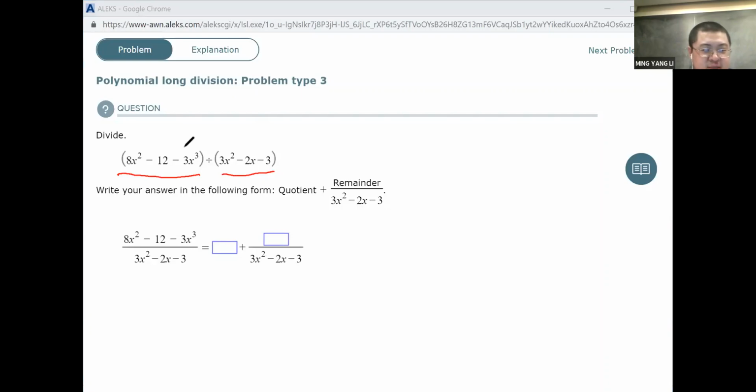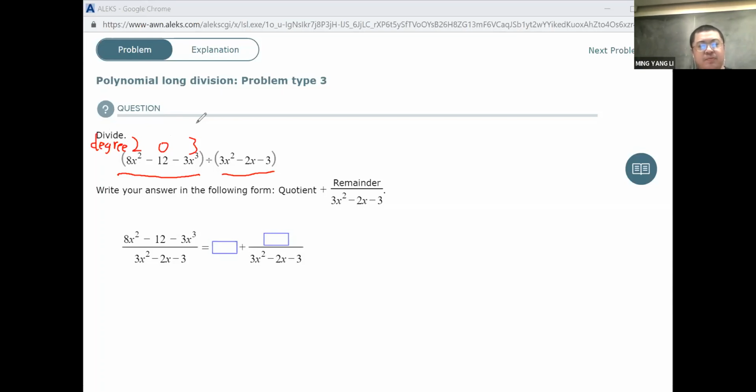The dividend here, you can see the degrees: we have degree 2, degree 0, degree 3. So it's not in the perfect order, which is 3, 2, 0, and you have degree 1 missing in the middle.